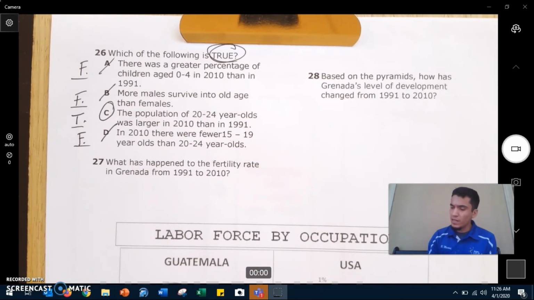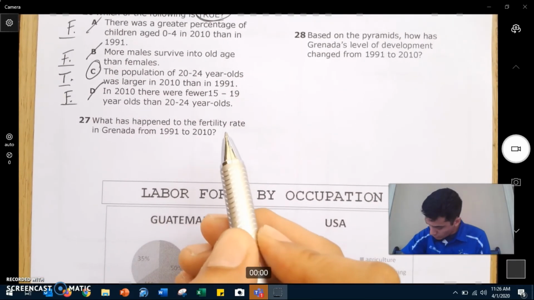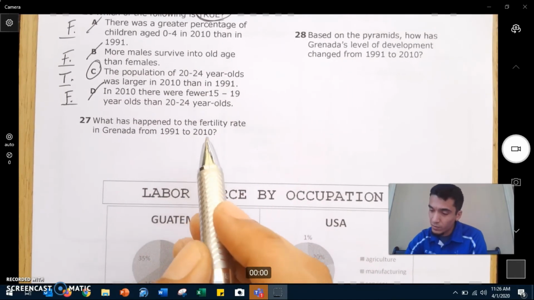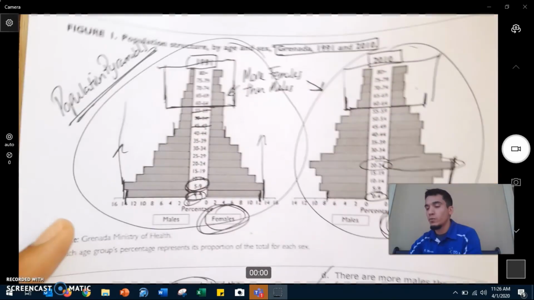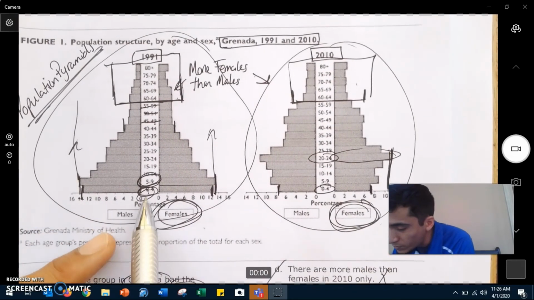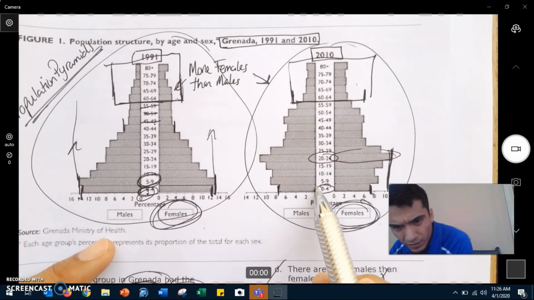Number 27 is asking what has happened to the fertility rate in Grenada from 1991 to 2010. And if we look at the population pyramid, it's going from 14 and 12% 0 to 4-year-olds to 7% 0 to 4-year-olds.